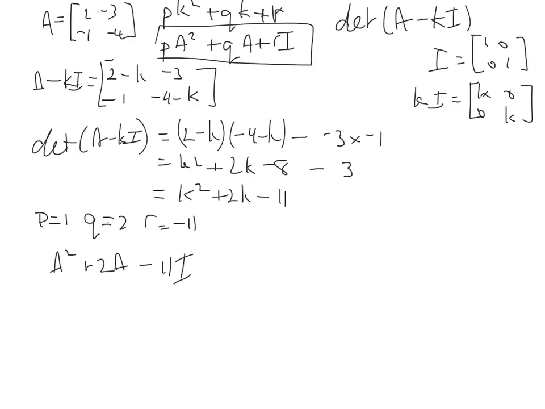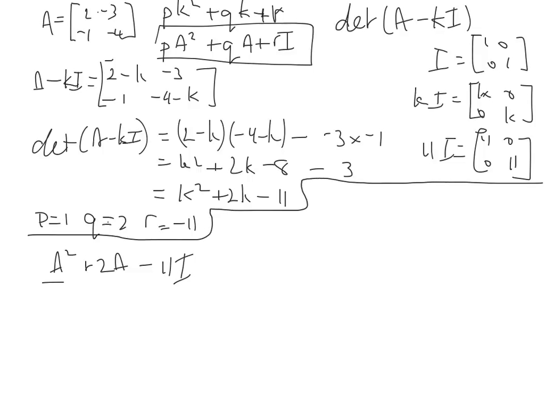Now, in terms of working this out, we know that 11I ends up being 11, 0, 0, 11. And now we've got to do some evaluation. So for A squared, I'm just going to put a line through all this here, which makes it easy for me to work with.